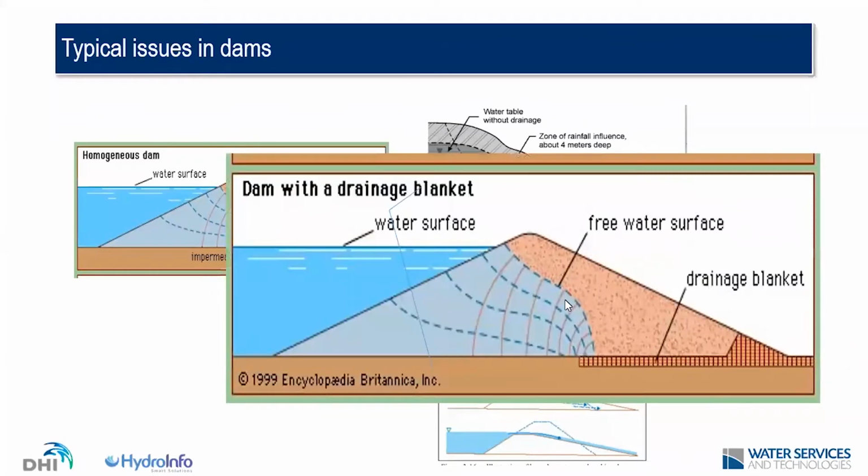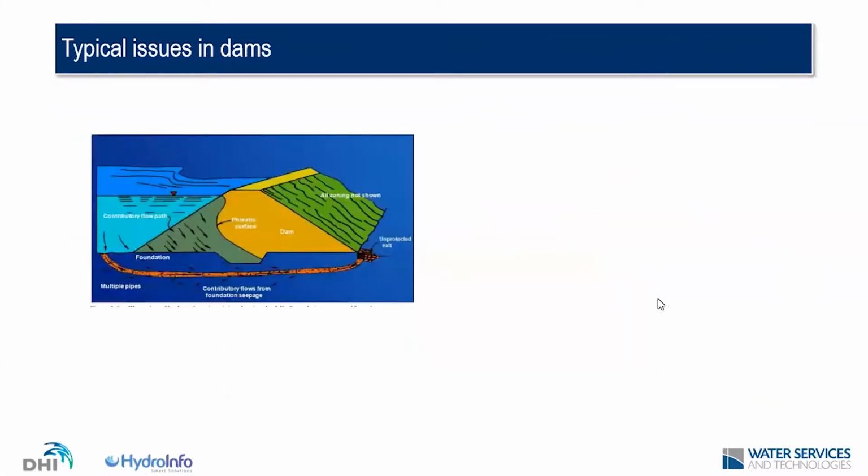In order to avoid that, one could put, for example, a drainage blanket here. So you bring the water table lower and decrease the pore pressure in this zone here. Another type of instability would be too much flow underneath the dam, which can also cause some piping and erosion in the toe part of the dam, causing instability in this zone.